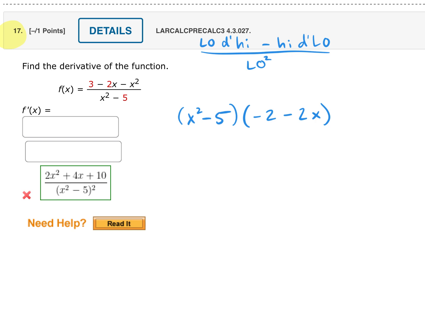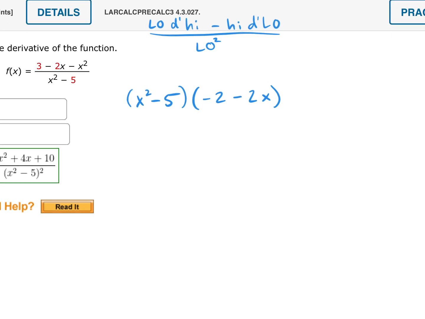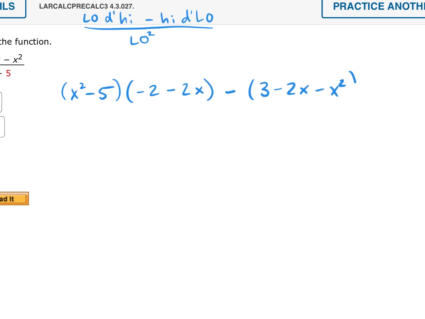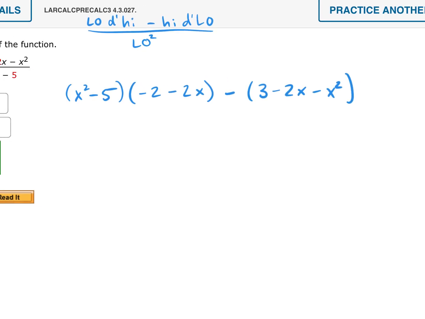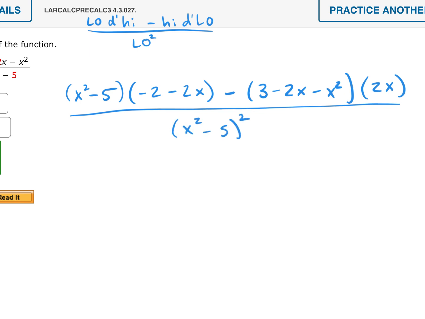Negative 2 minus 2x. Minus, what's up high? So 3 minus 2x minus x squared times the derivative of what's down low. What's the derivative of x squared minus 5? 2x over low squared. So x squared minus 5 squared.